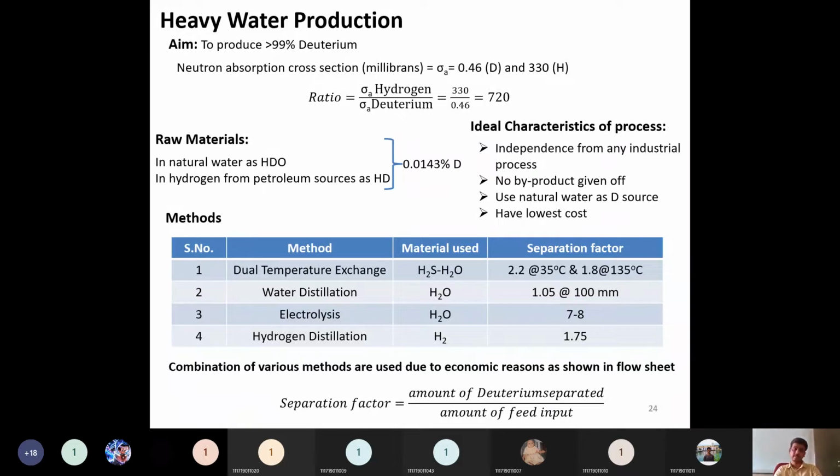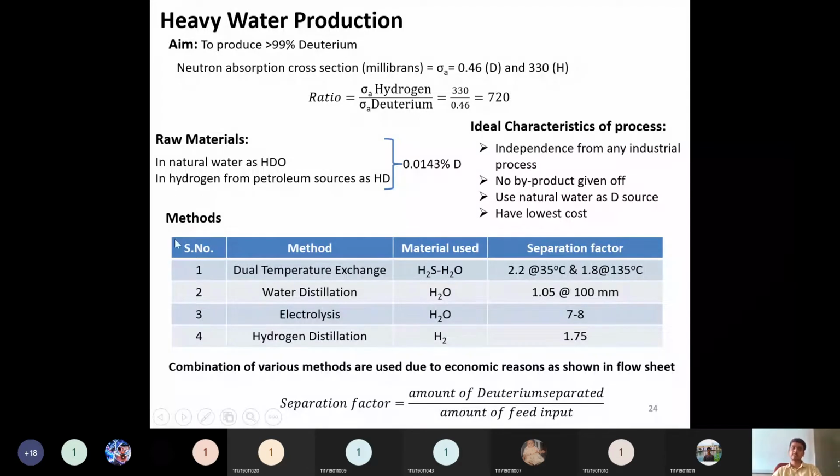That is an advantage. Also, there is no byproduct in this production process. The use of natural water as a deuterium source is a clear advantage of this process, and it also has a very low cost because of these ideal characteristics.